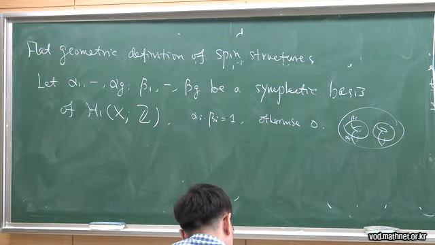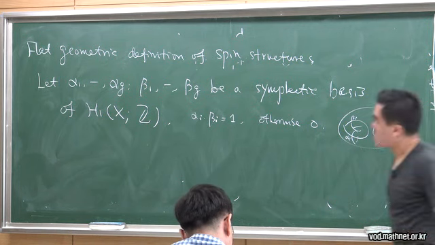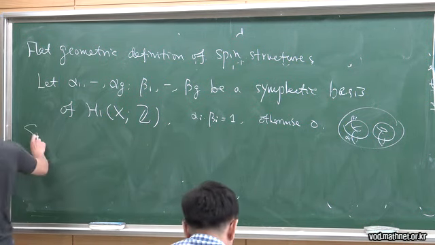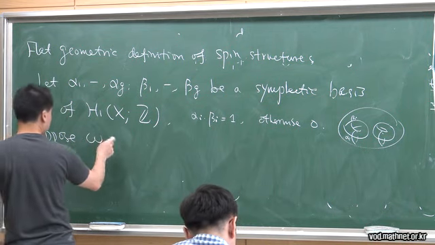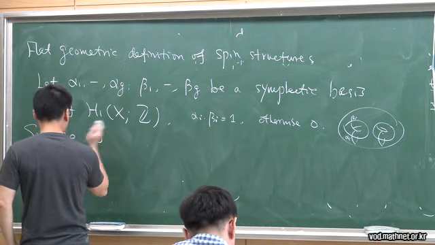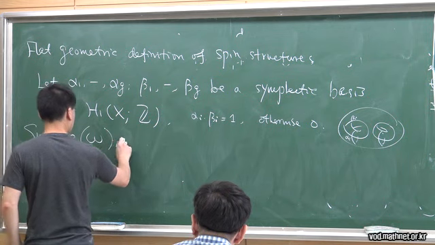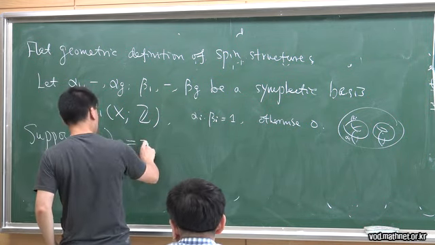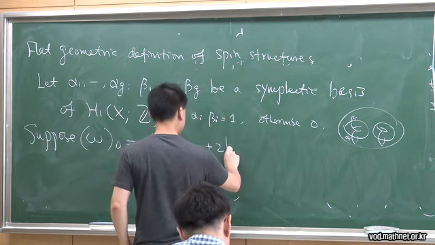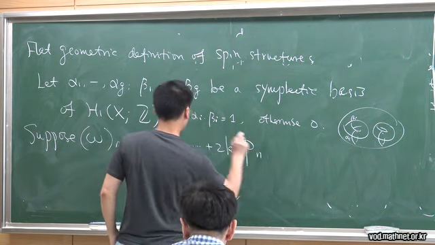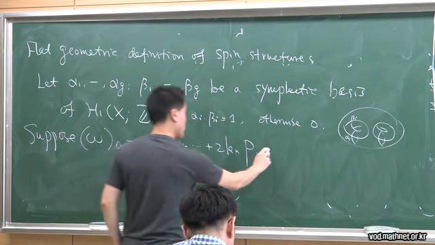Right? I can only define spin structure when I have even zeros. Now suppose omega is a differential on X which has even zeros. So I still use the same notation, in the stratum, on X.